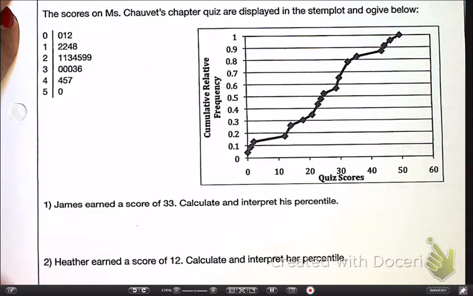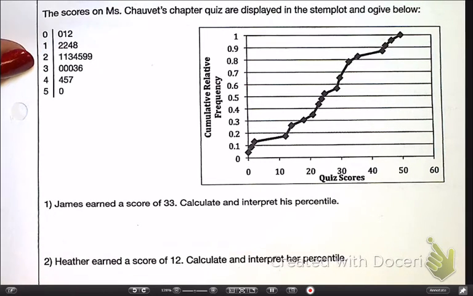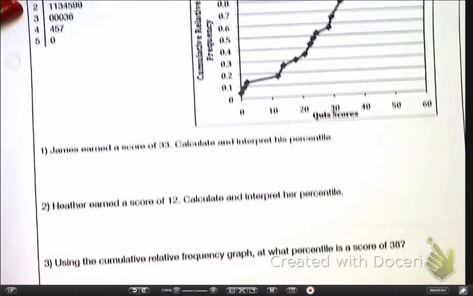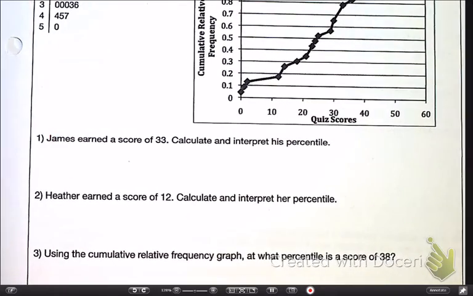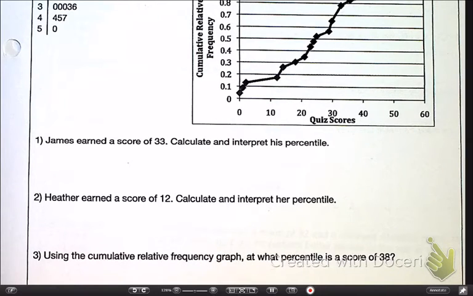Yeah, that's it for that particular type of problem. We are not going to have a problem to convert from an Ogive to a histogram on this test, so it doesn't occur that often, so I'm not going to worry about it. If it does, in the future, we'll revisit.